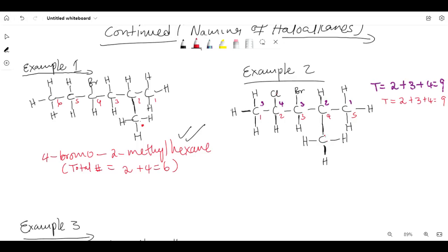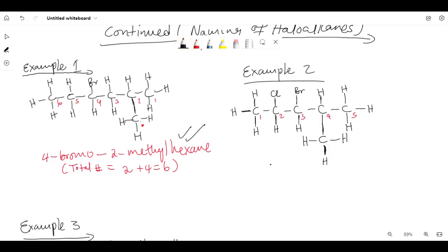So instead of starting from the side of the methyl, I will start from the side of the chlorine, from 1, 2, 3, 4, 5. The purple one is no longer needed.